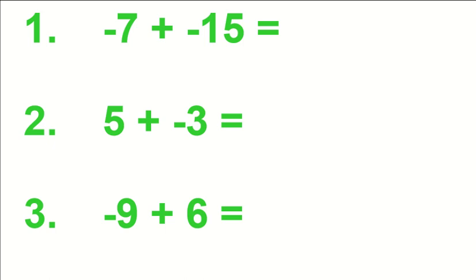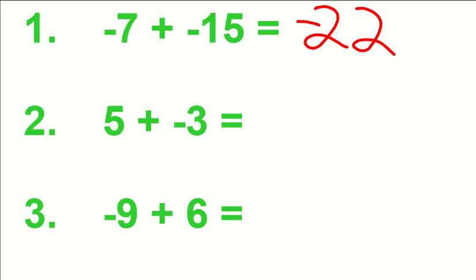Negative 22 is correct. Signs are the same, they're both negative, so we add 7 plus 15 is 22. Keep the sign, so that makes it a negative 22.